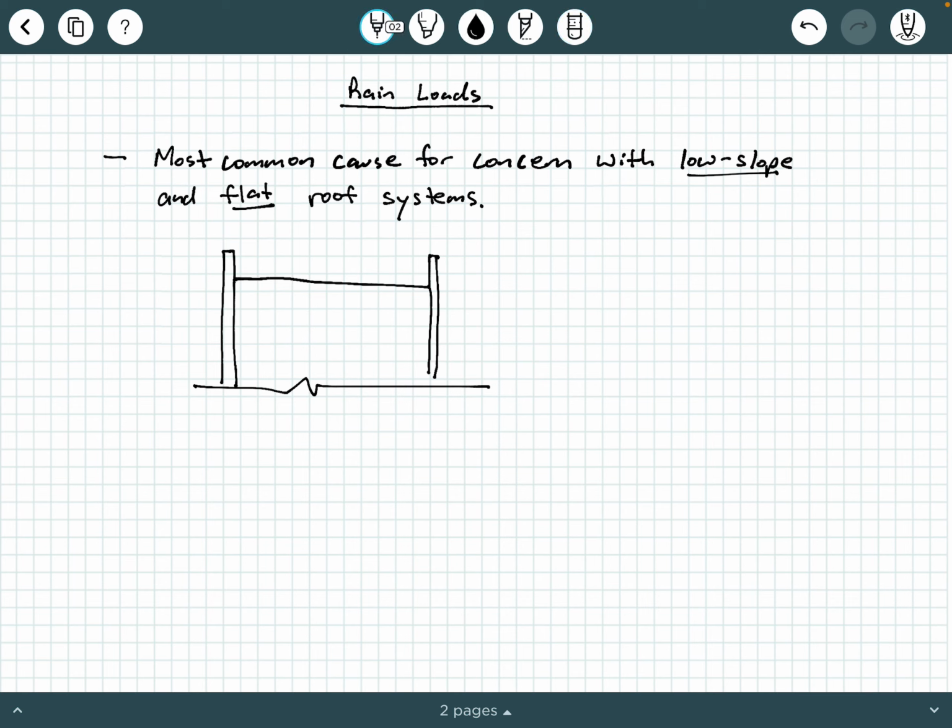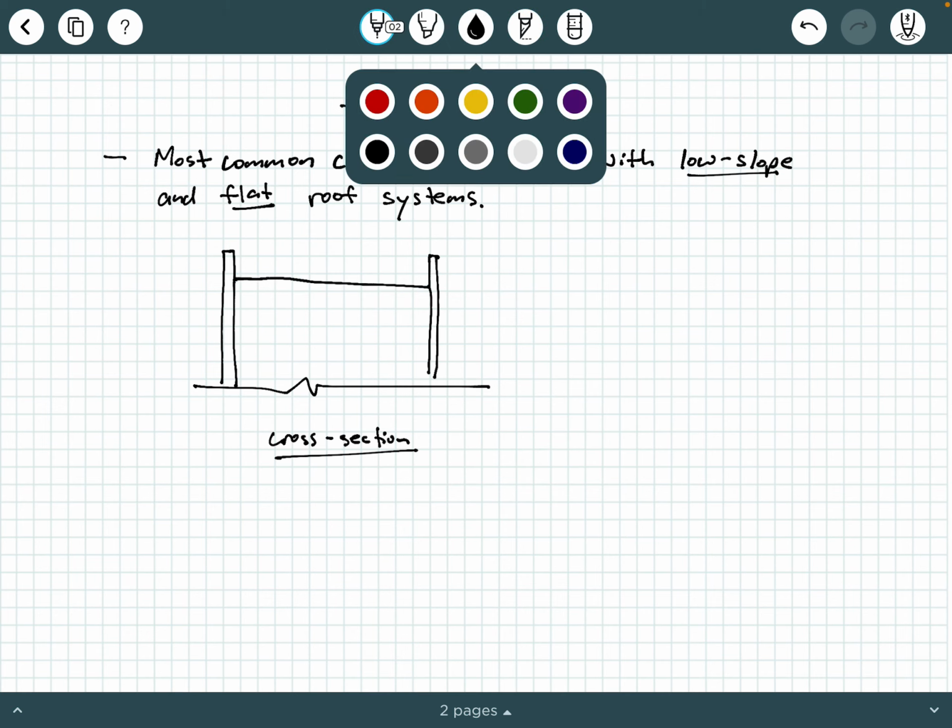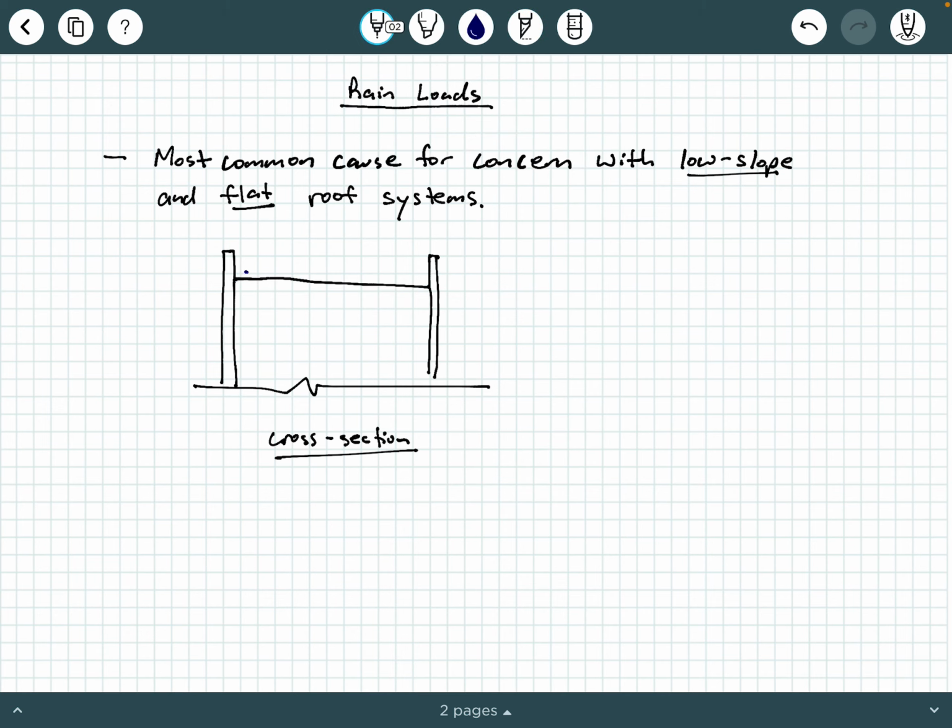So this is looking at a cross section. All right, so looking at a cross section, this right here is your roof, and it's very low sloped or possibly flat. And so whenever you have a low slope or a flat roof system, whenever it rains, water will tend to collect and possibly puddle on your roof system.